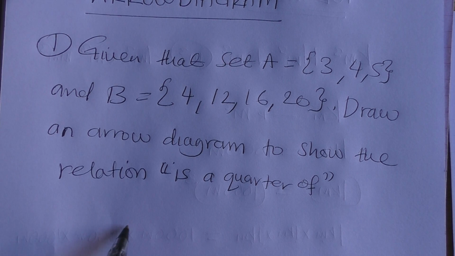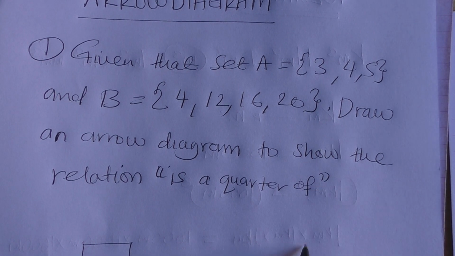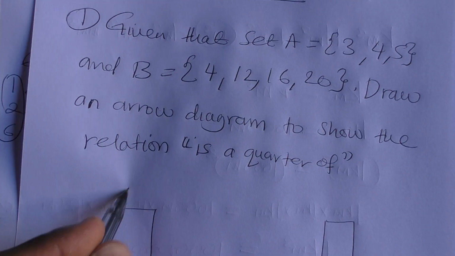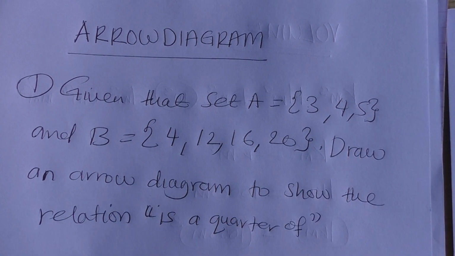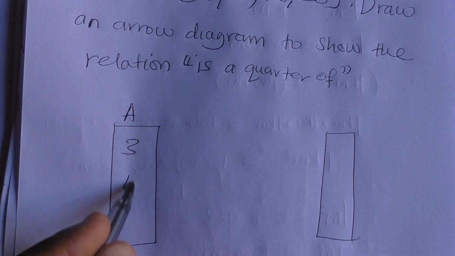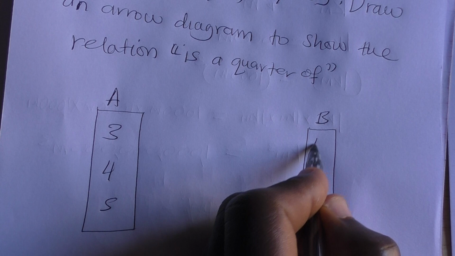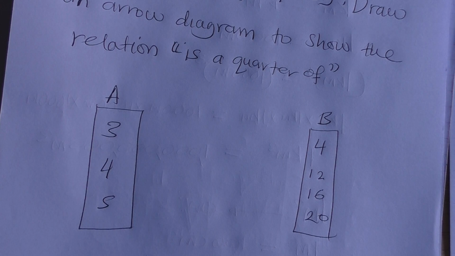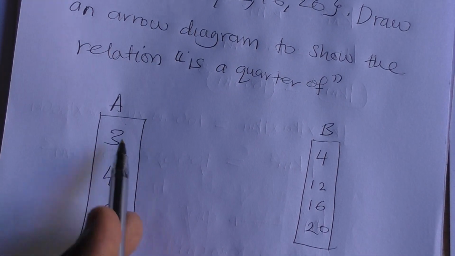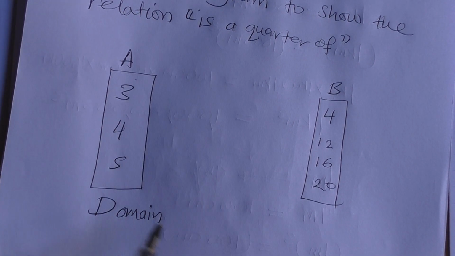Now we have two sets. We have set A and set B. So this will be our set A, which has elements 3, 4 and 5. Set B, whose elements are 4, 12, 16, 20. The relationship will be connecting the elements of the two sets, and this is the domain, this is the range.